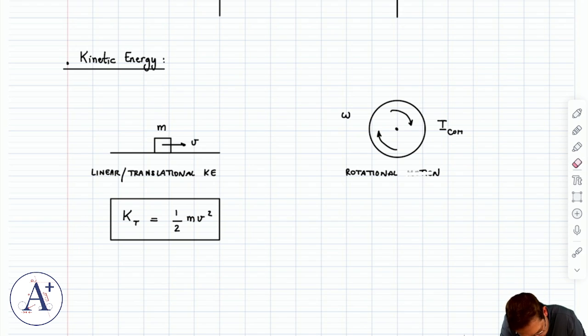So this is rotational motion, which means that we're going to define rotational kinetic energy, and that is going to be K sub R is going to be equal to 1/2 I center of mass omega squared.